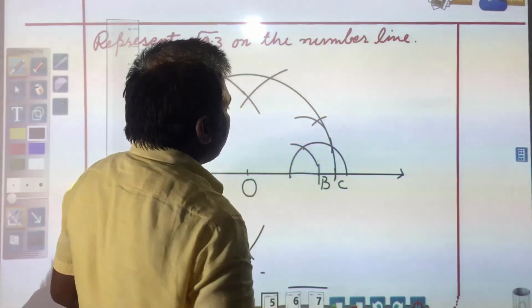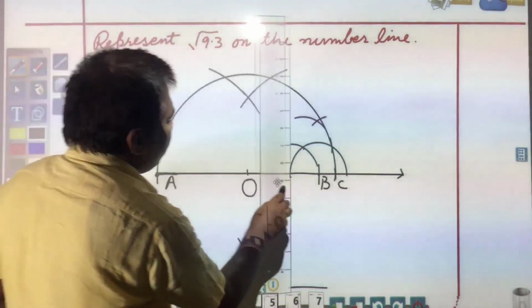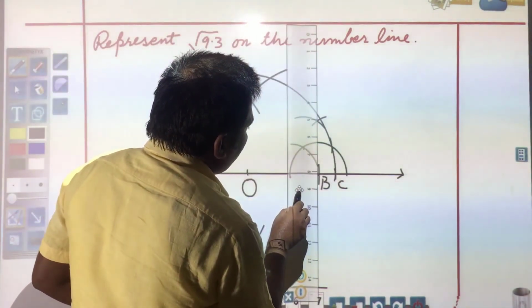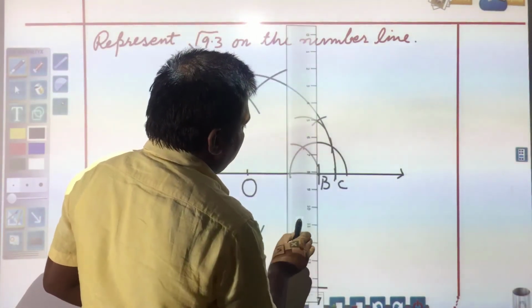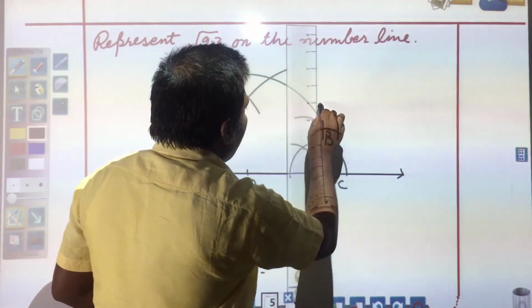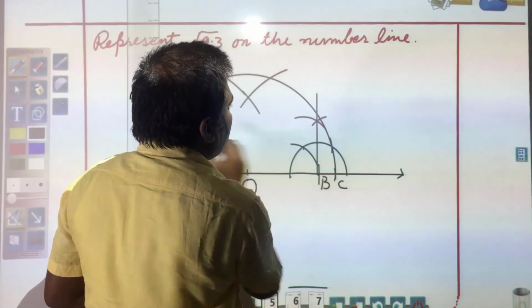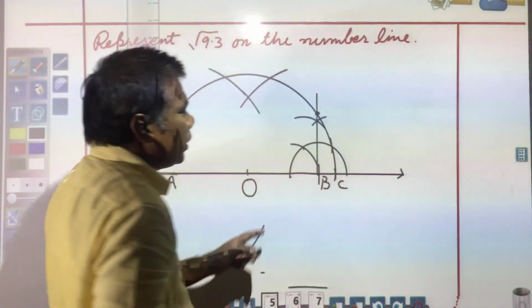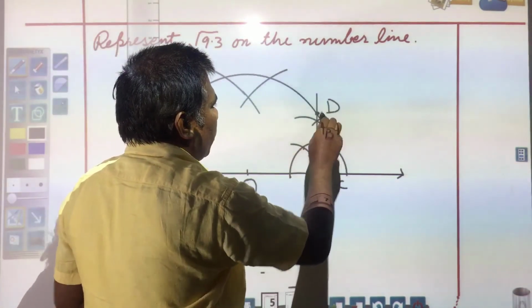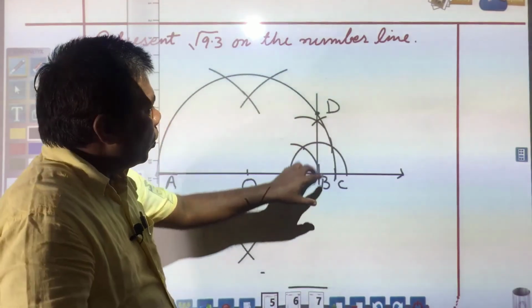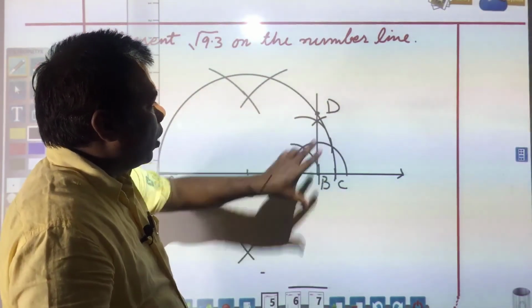Now, what is needed? This point is required to be joined, intersection point. If you are joining this point, here you see somewhere this is intersecting to the semicircle, and that will be your point D. So, this BD what you got?